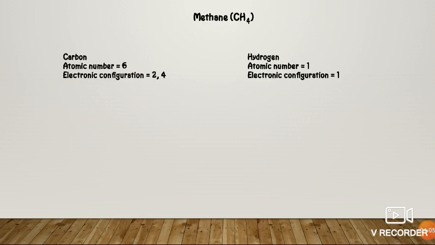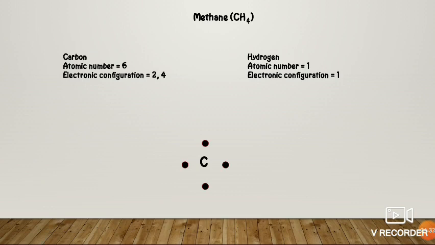And the last example is methane. Carbon has 4 electrons in the outermost shell. That means 4 more electrons are needed to fulfill its octet. Now carbon cannot take 4 extra electrons because the nucleus of carbon does not have enough energy to hold those extra 4 electrons. So rather, carbon will share electrons with atoms of another element.